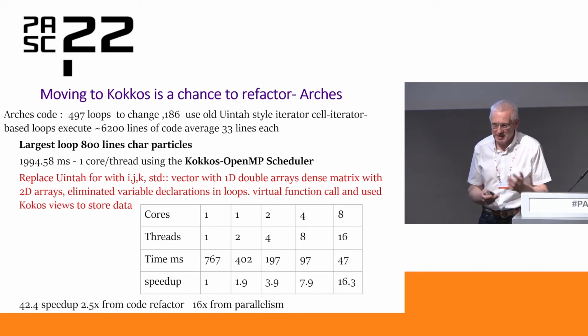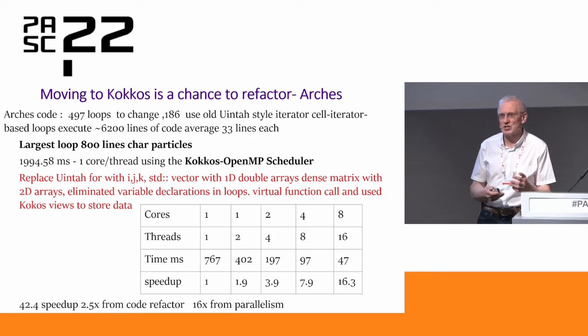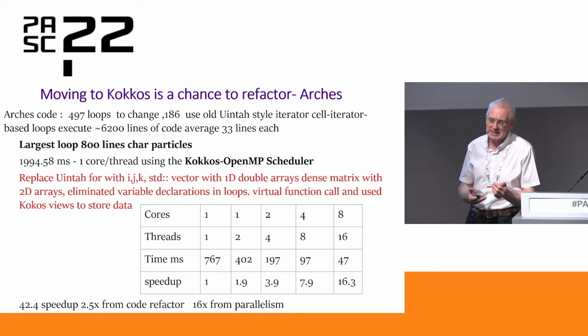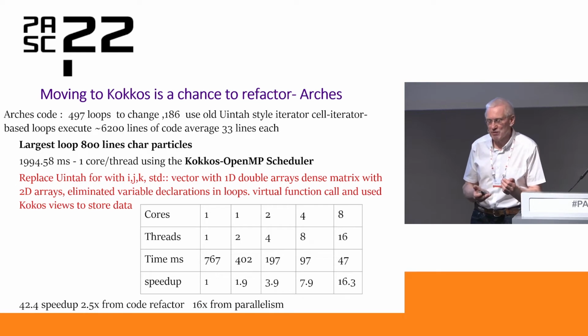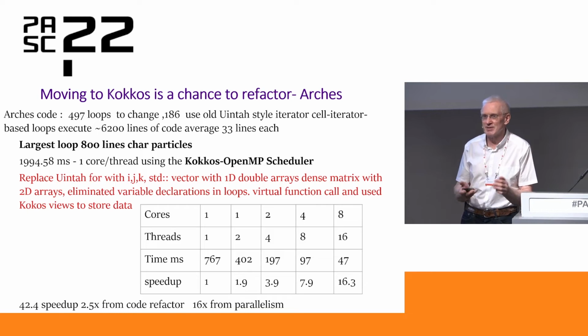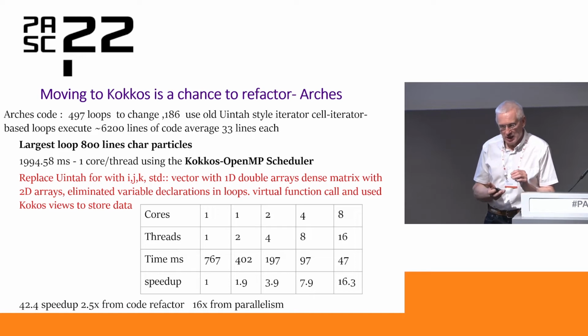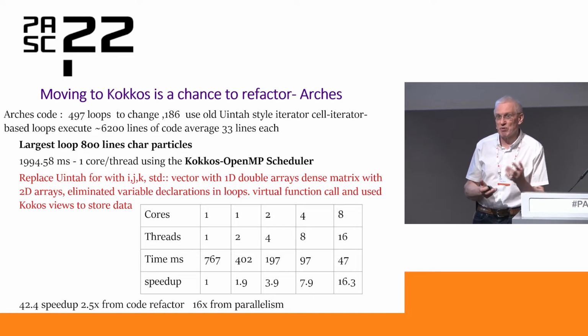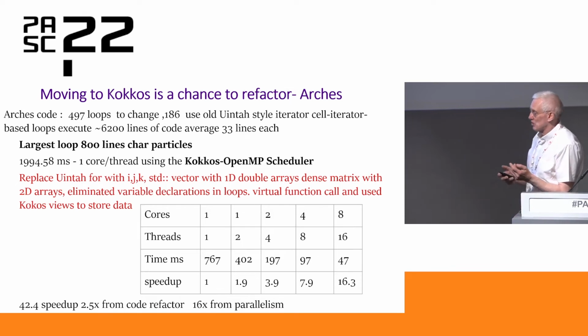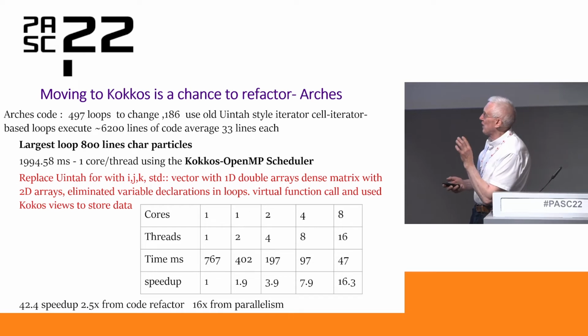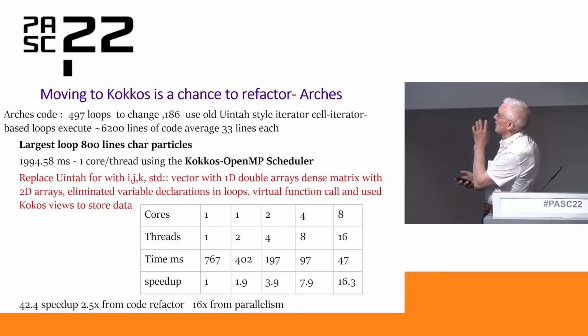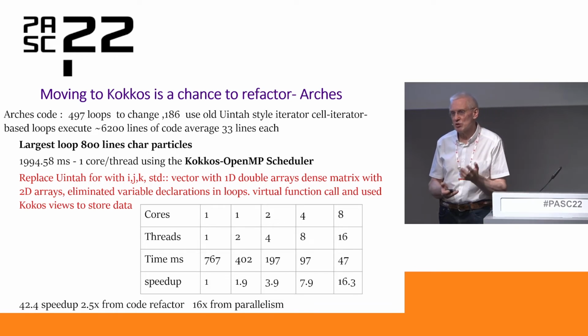So he started looking at this loop and putting it into COCOS with the OpenMP backend. And he improved the performance by a factor of 2.5 by just taking out a lot of this stuff, the clever stuff that our users had put into it. And then he started to look at the performance in terms of using more threads and cores, and you can see on this table here that the speed went up by a factor of over 16 when we went to 8 cores and 2 threads when he'd introduced these loops.